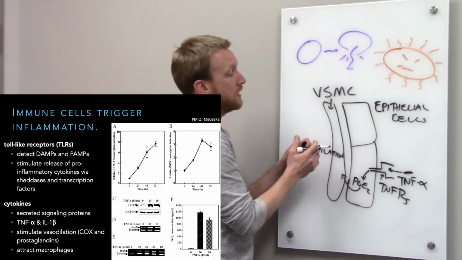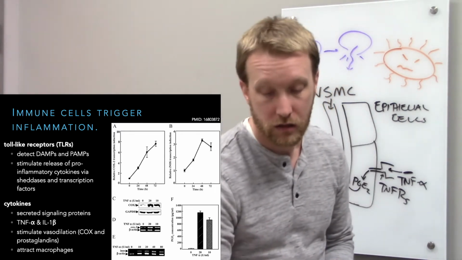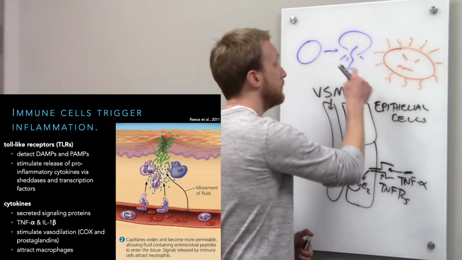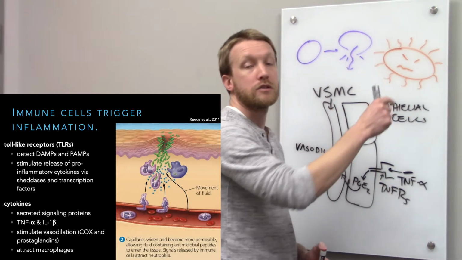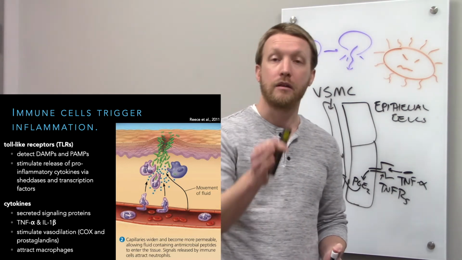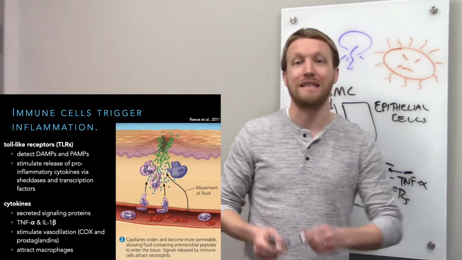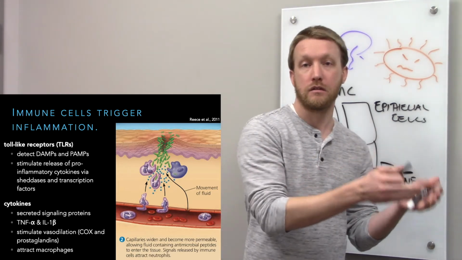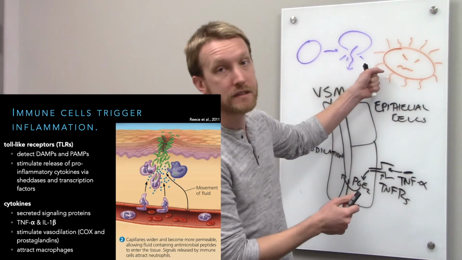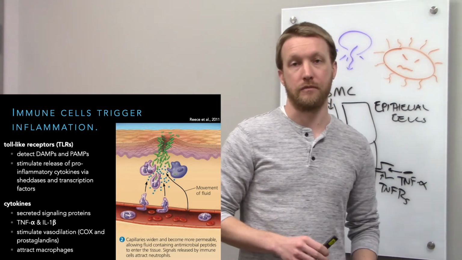Prostaglandins then cause vasodilation of the vascular smooth muscle cells, causing an increase in blood flow at the site where we have DAMPs and PAMPs, so that we can increase the amount of white blood cells that are going to come by, and we also increase the permeability of blood vessels, so it's easier for white blood cells to come out of the blood vessel and into the site of damage or infection. So there's inflammation in a nutshell.